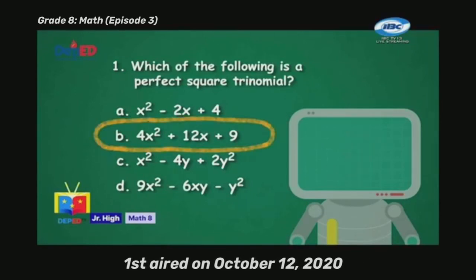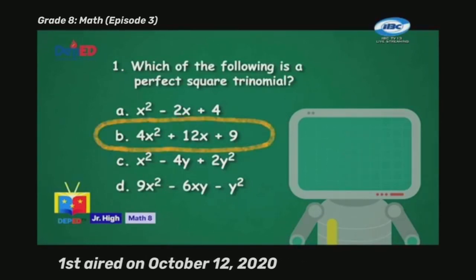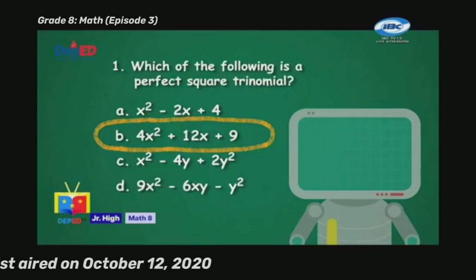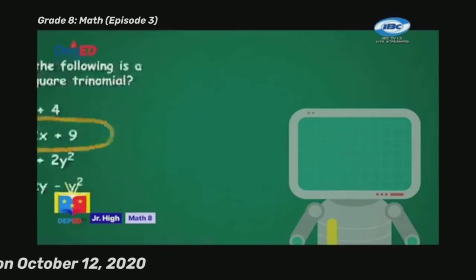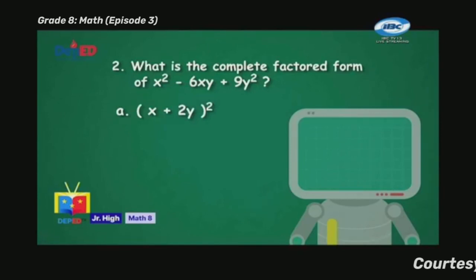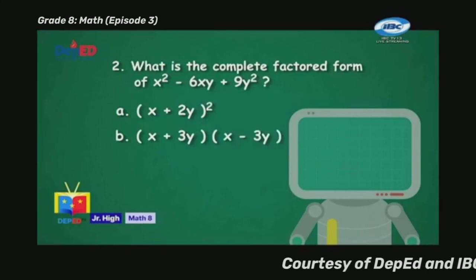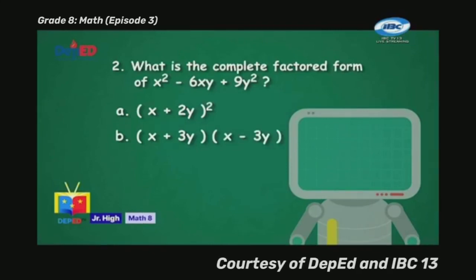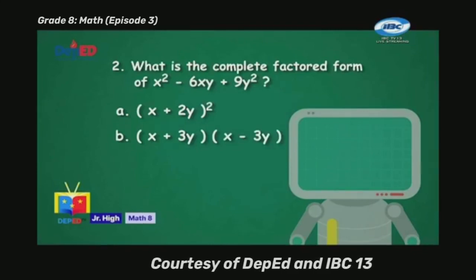The correct answer is letter B, 4x squared plus 12x plus 9. Number 2. What is the complete factored form of x squared minus 6xy plus 9y squared? Is it A, the square of the binomial x plus 2y? Letter B, the product of the binomials x plus 3y and x minus 3y?